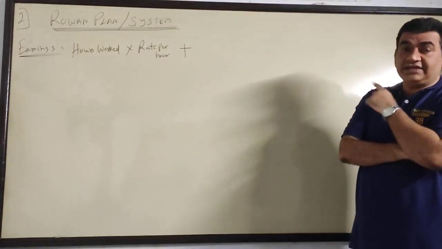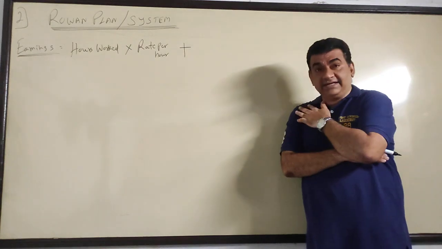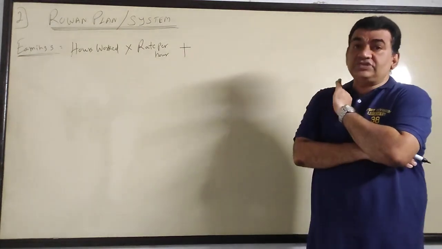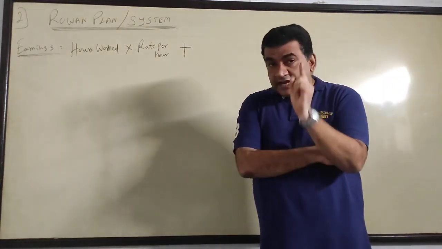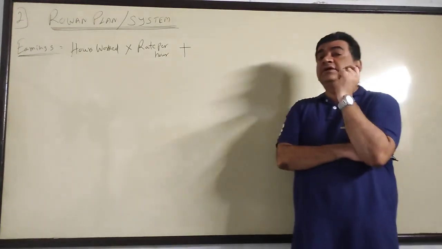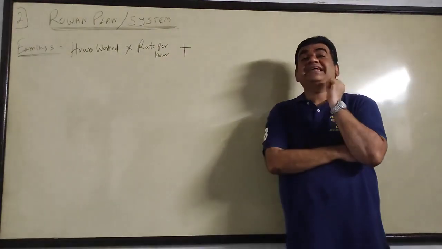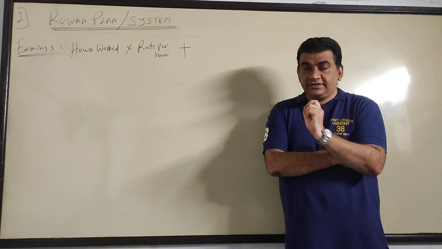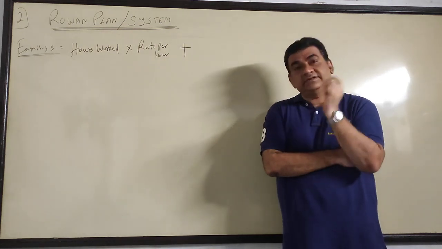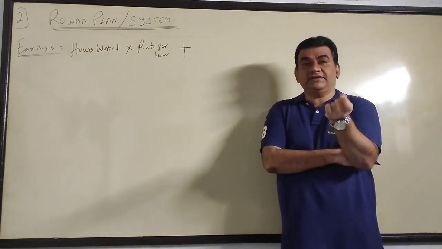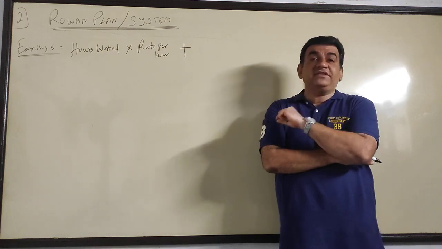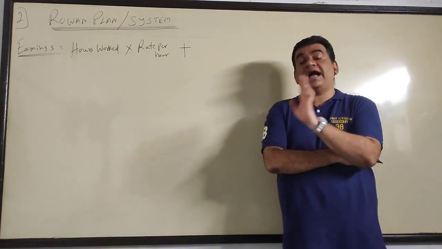What was there in Halsey? We took 50 upon 100, correct? But here there is no percentage. Here what you are going to take is the proportion of time saved to time allowed. Time saved is nothing but what we did in the previous sum. I told you the difference between time allowed and hours worked.